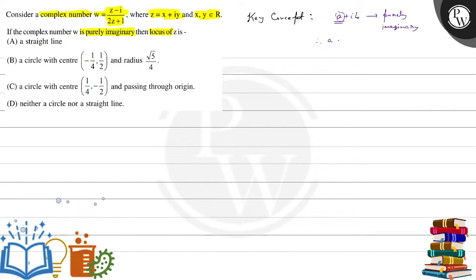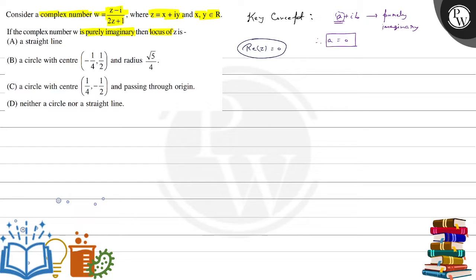That means a will be equal to 0. So for any complex number z, if it is going to be purely imaginary, then the real part of that complex number z must be equal to 0. That is the key concept that will be required to solve this particular question.